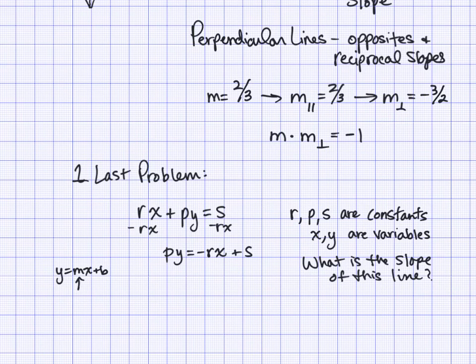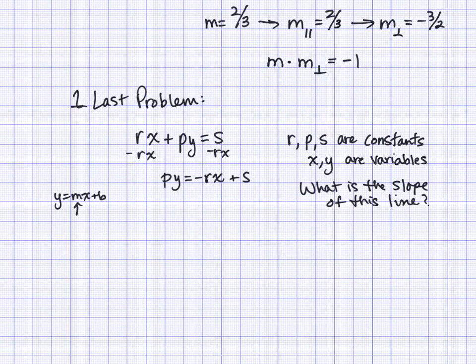I mean, it doesn't really matter as long as you identify it and you know which term is which, but I like to put it first. And then we're going to divide everything by P, and we get y equals negative R over P x plus S over P. Now it's in slope-intercept form.